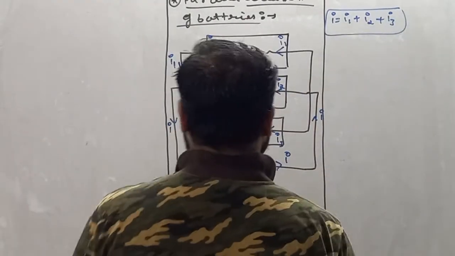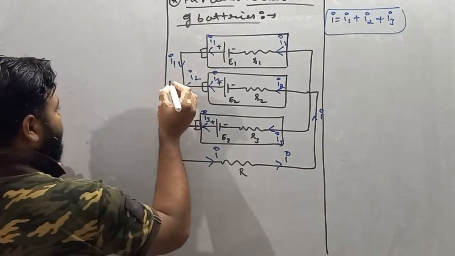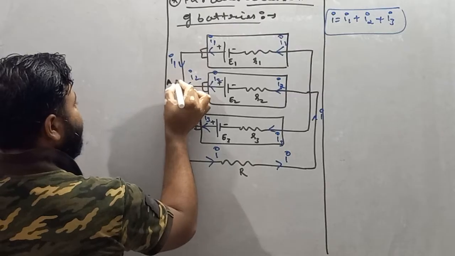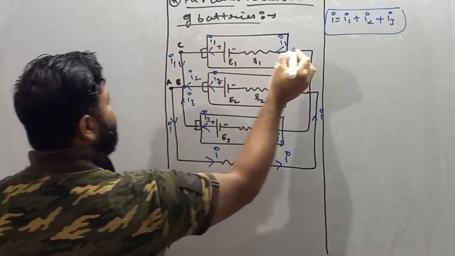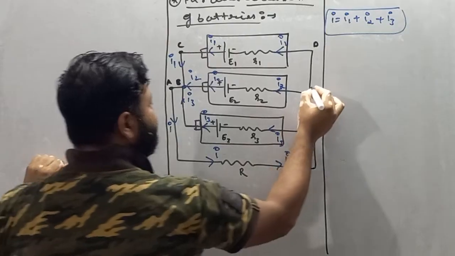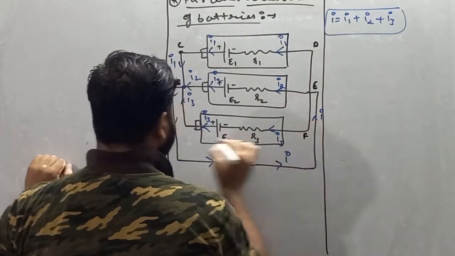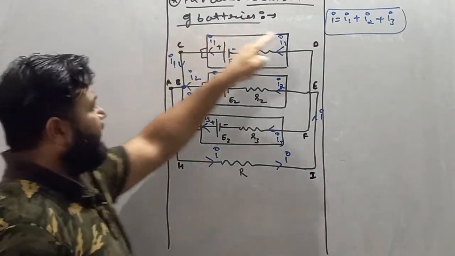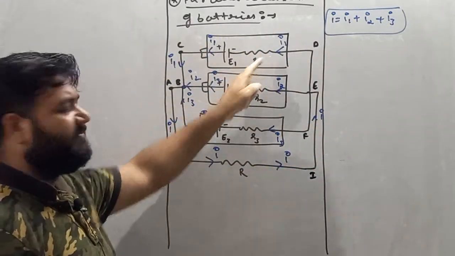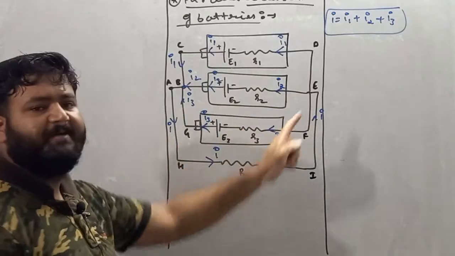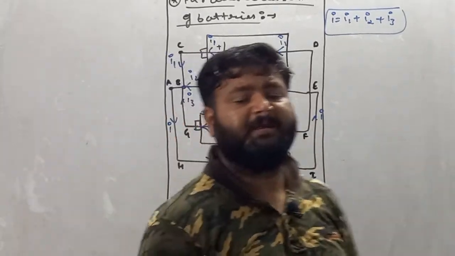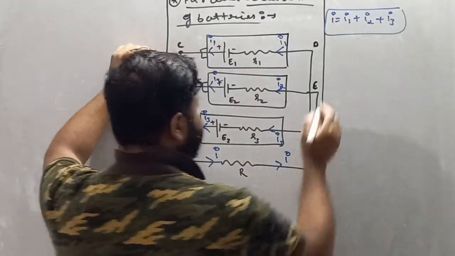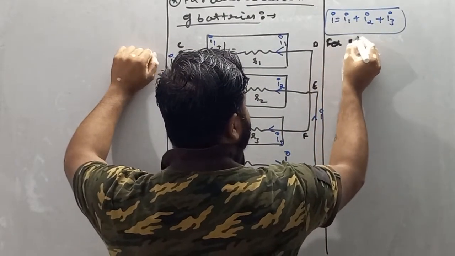Before applying Kirchhoff's second law, I am writing the path A, B, C, and this is D, this is E, this is F, G, H and I. I am making the equation of the first battery first, then the second battery and then the third battery, similar to what we perform in combination of resistors.